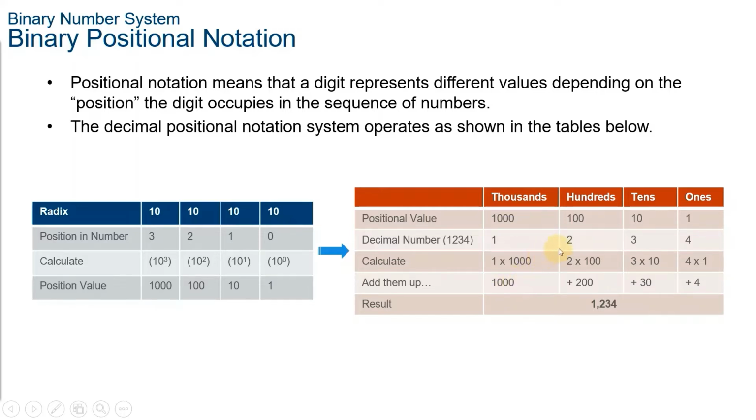The second digit is 2, so that would be 2 times 100, which gives you 200. The third digit is 3, and the position value is 10, so 3 times 10 gives you 30. The last one is 4 times the positional value, which is 1, so that would be 4. Adding all of this, 1000 plus 200 plus 30 plus 4 yields 1234.